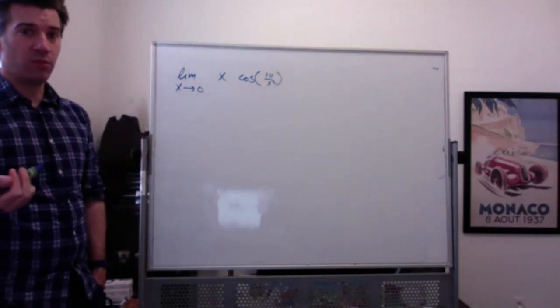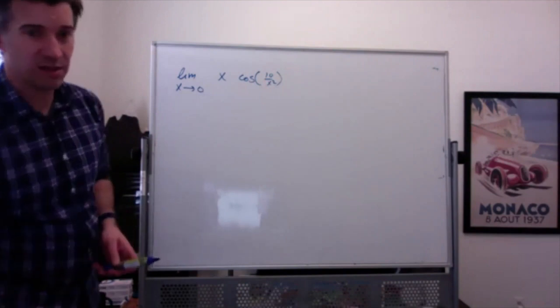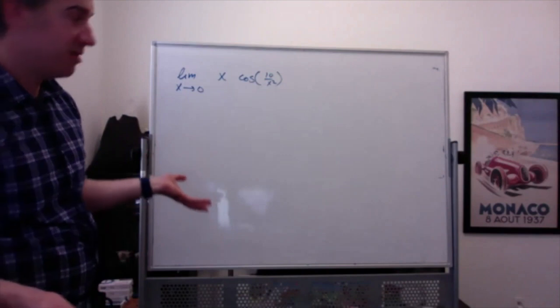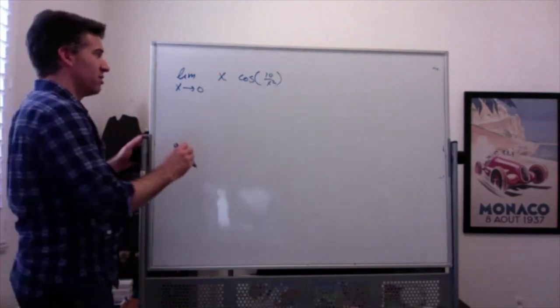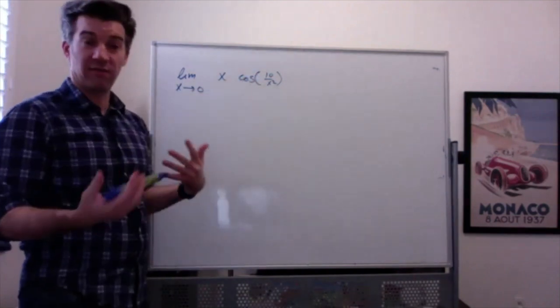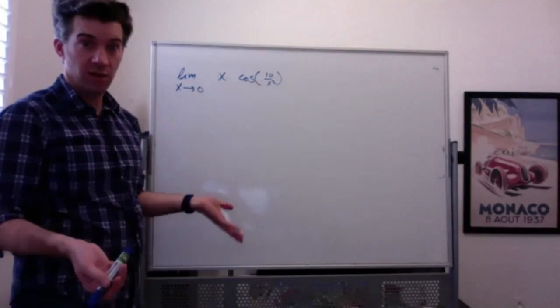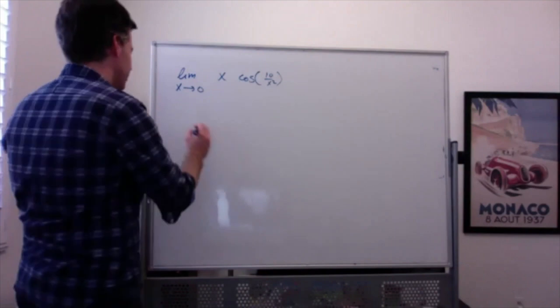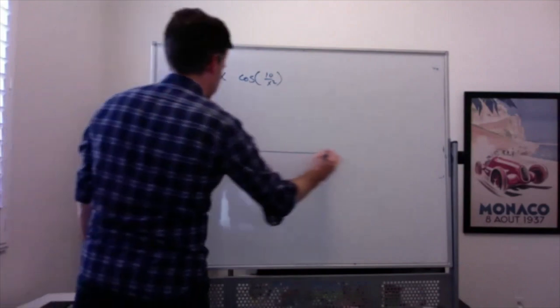And so here's the real problem. Cosine of 10 over x squared is doing something weird, right? As x goes to 0, 10 over x squared is getting very, very large. And here's what the cosine function looks like.